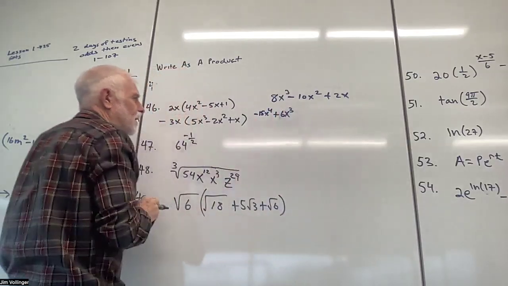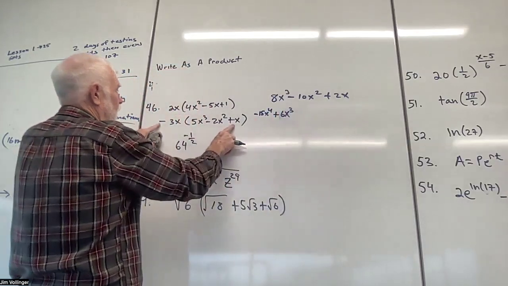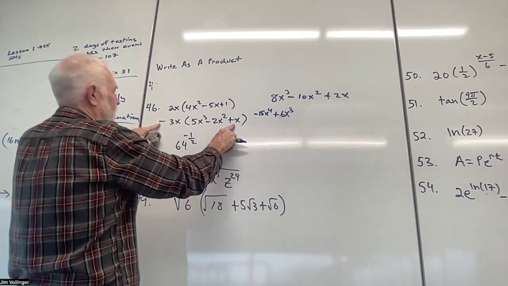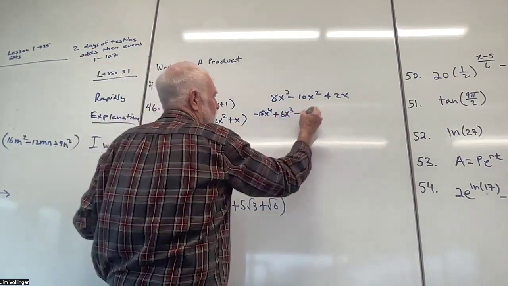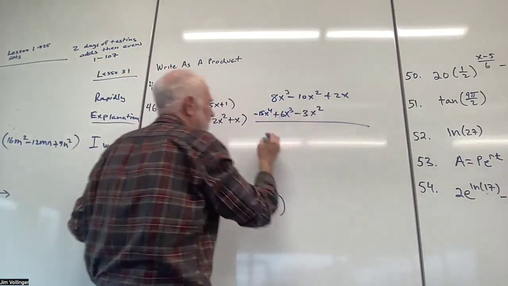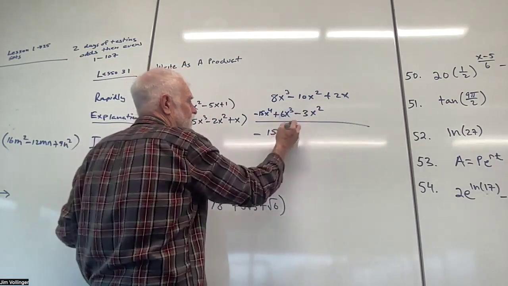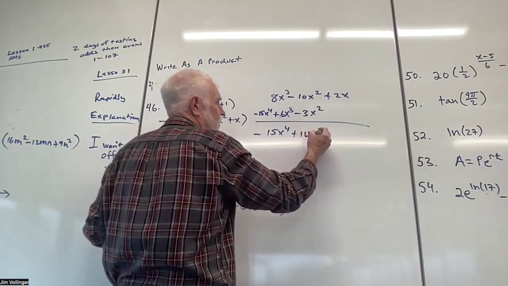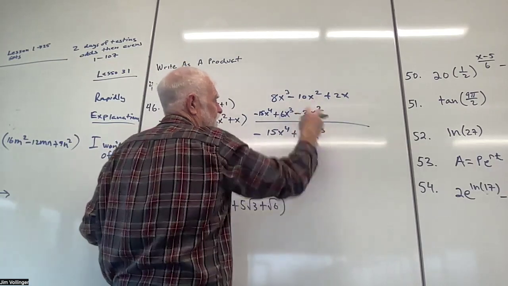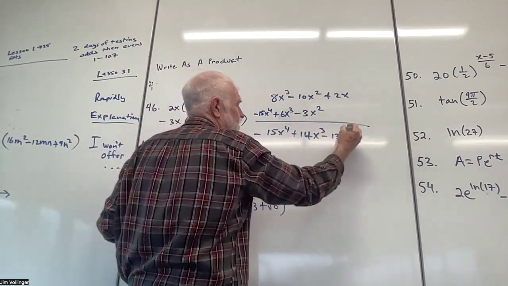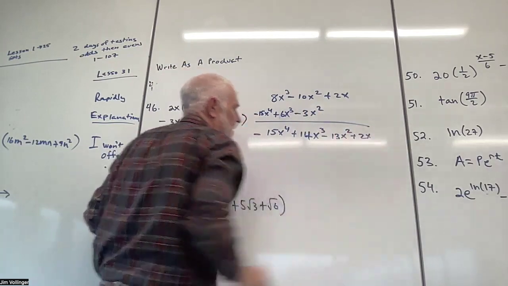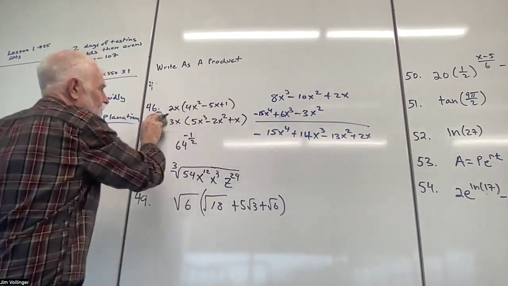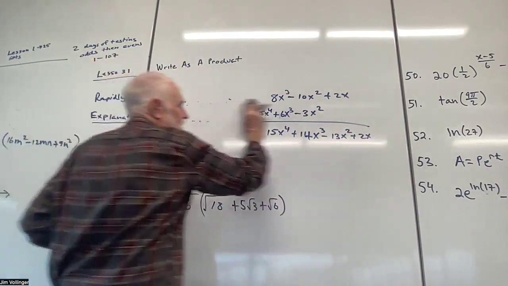Not the best lining up here, but that's okay. Minus 3x squared. All right, now we can put it together. Minus 15x to the 4th. 8 and 6 is 14 x to the 3rd. Minus 13 x squared plus 2x. Yasser, you got to back me up here. I'm probably going to make some careless errors.